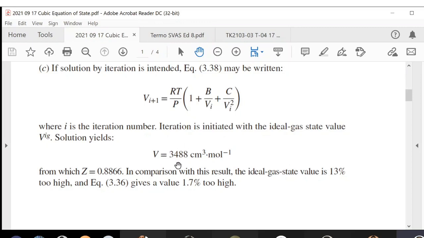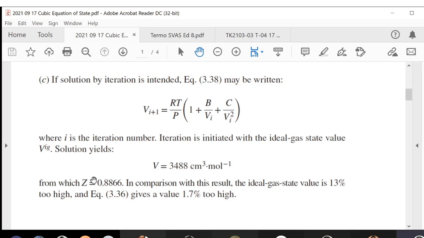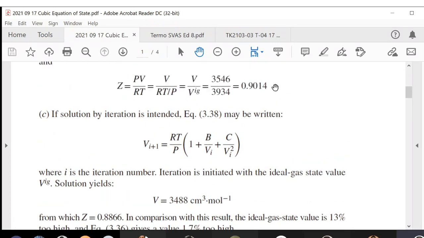Okay, finally we get volume is 3488 cubic centimeter per mole. The Z is this volume divided by the volume in the ideal condition. We get 0.88. Okay, so if we use virial pressure, it is 0.9.